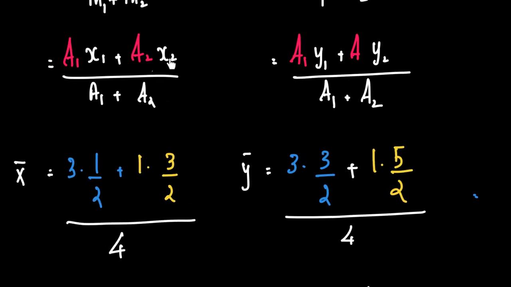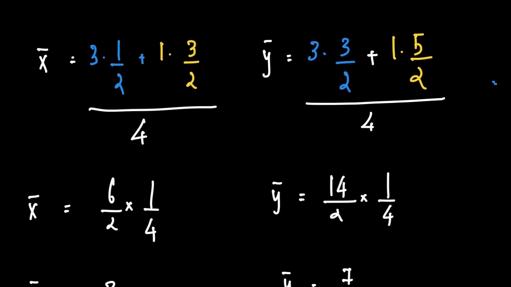x1 is 1 by 2, x2 is 3 by 2, a1, a2 are 3, 1 in every step. y1 is 3 by 2, y2 is 5 by 2. So this further becomes 3 plus 3, 6 by 2, by 4 becomes 6 by 2 into 1 by 4. 3 into 3 is 9, 9 plus 5 is 14. 14 by 2 by 4 becomes 14 by 2 into 1 by 4.